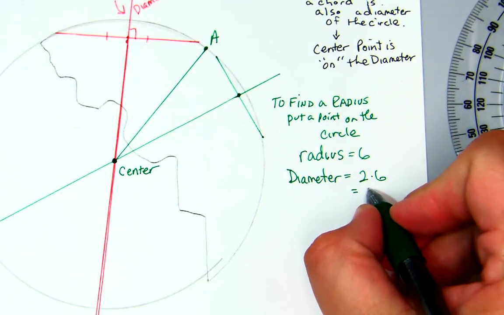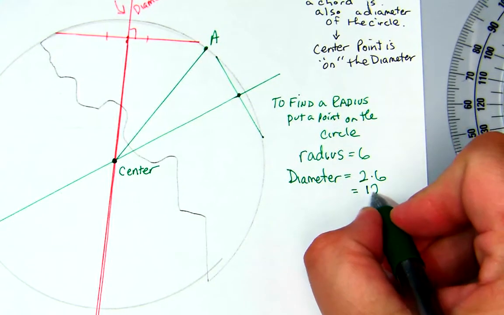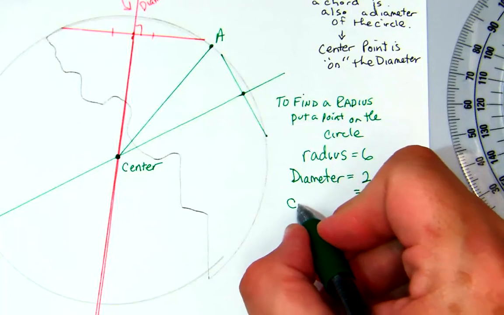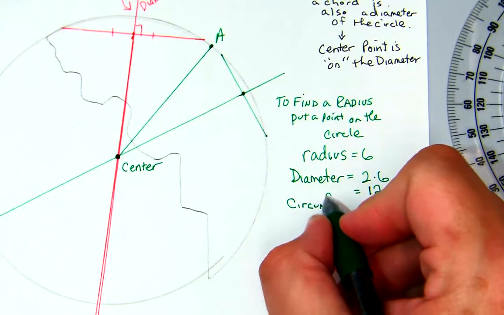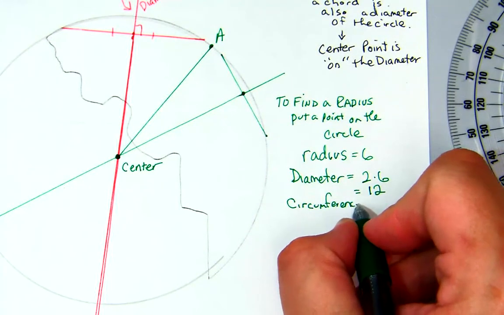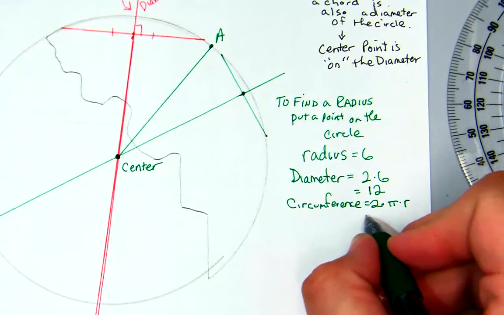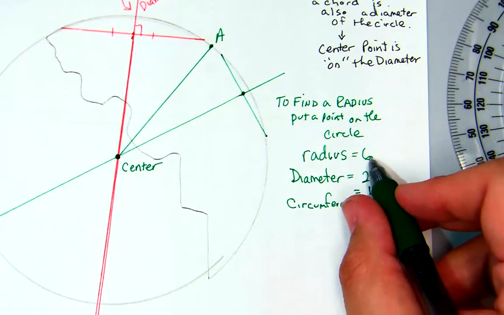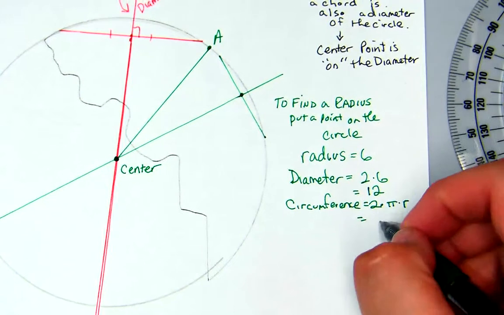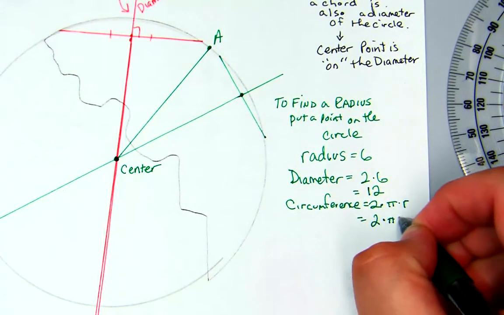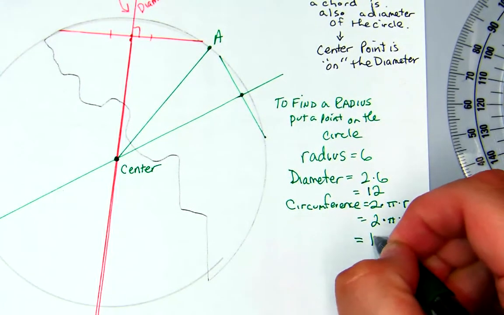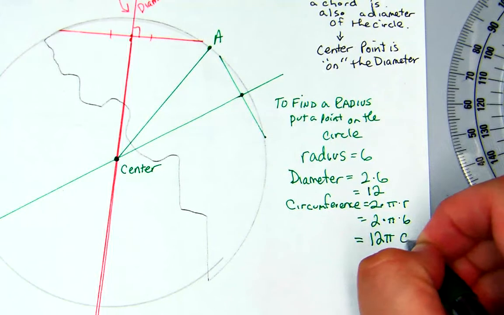So what's 2 times 6? 12. And the circumference is equal to 2 times pi times the radius. Well, what's the radius? This is going to be 12 pi centimeters.